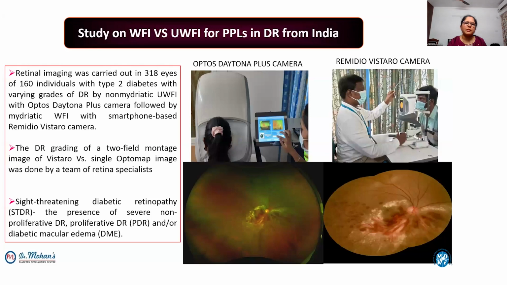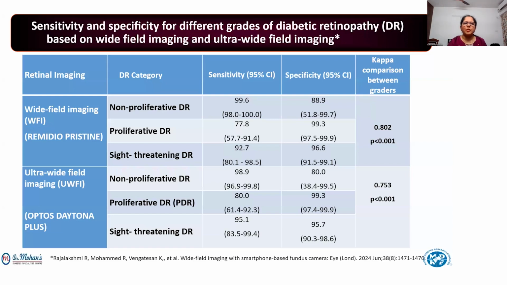Sight-threatening diabetic retinopathy was defined as the presence of severe NPDR or PDR or diabetic macular edema. What we found was that both the Remidio Vistaro camera, or Remidio Pristine camera, as well as the Optos Daytona Plus camera had a very high sensitivity as well as specificity in detecting sight-threatening DR. The sensitivity and specificity were about 90% in detecting sight-threatening retinopathy, irrespective of whichever device was used.